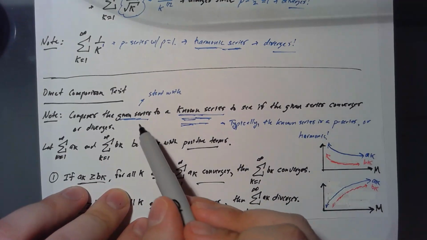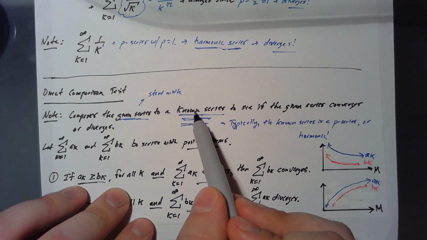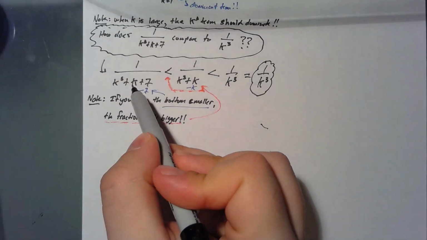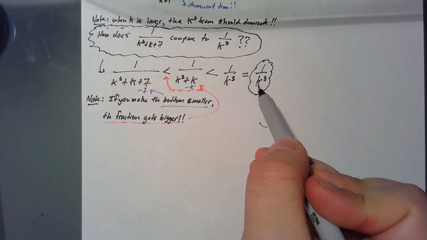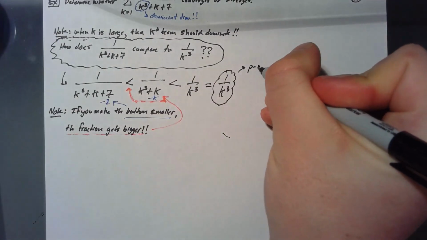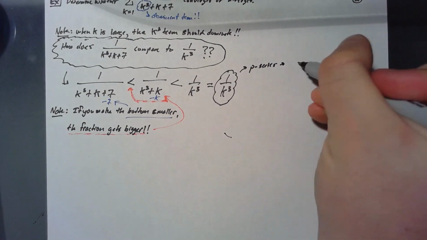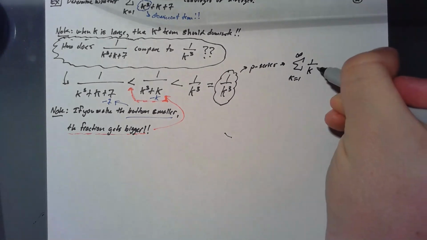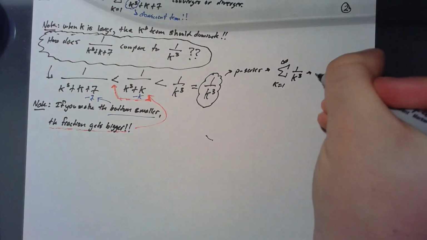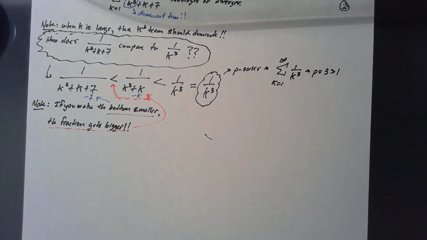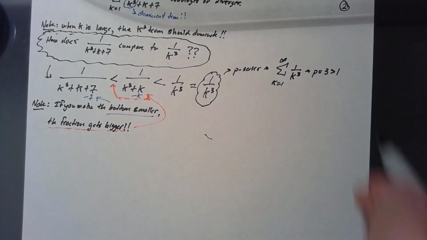Typically, when I compare a given series to a known series, that known series is a p-series. There it is right here. Here's the starting series, and I'm comparing it to a known series. This is a p-series, where p equals 3, which is greater than 1, which means it converges.